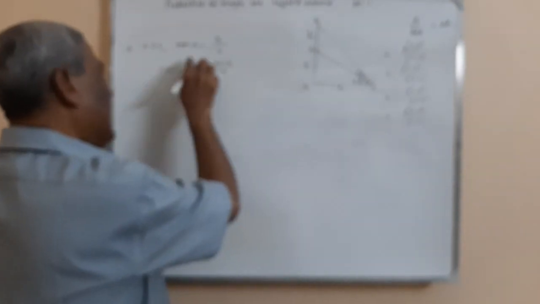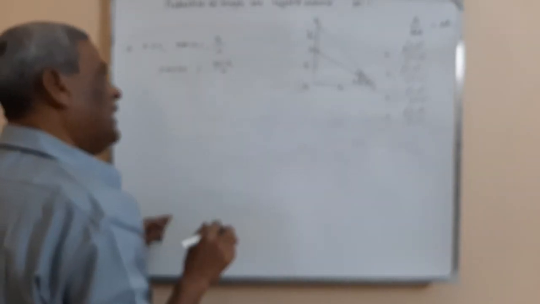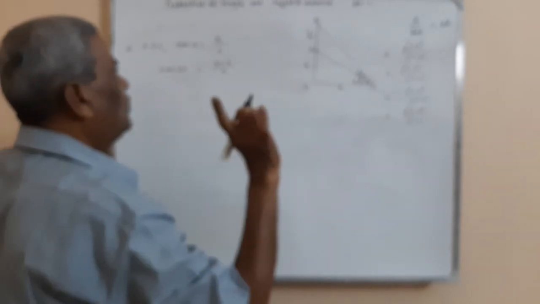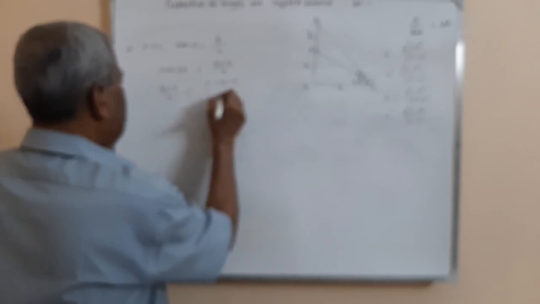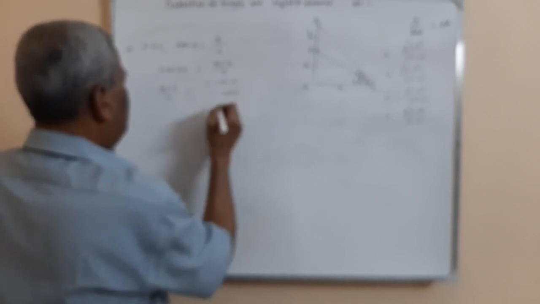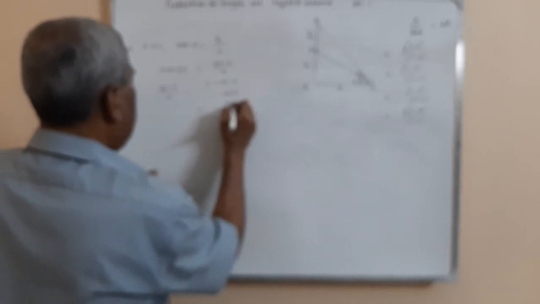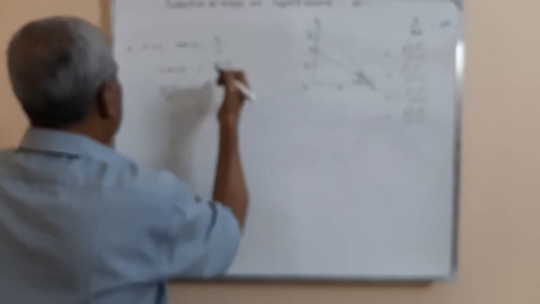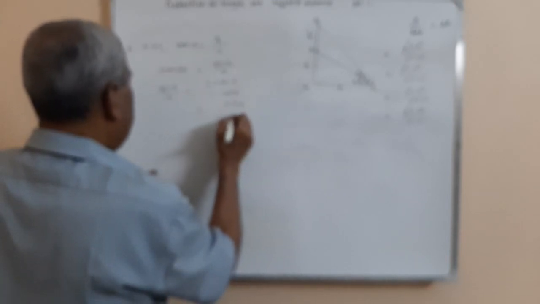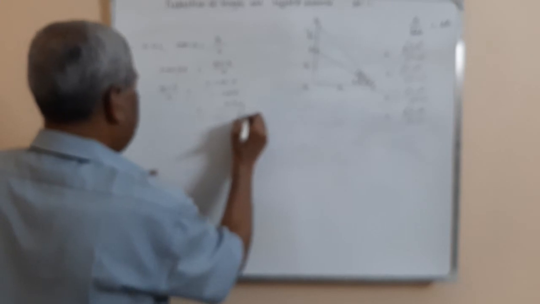Now tan 2 alpha can be expressed in terms of tan alpha. Then I think the answer will be available. So B plus H divided by A is equal to tan 2 alpha, which means 2 tan alpha by 1 minus tan square alpha, which is 2B by A divided by 1 minus B square by A square.